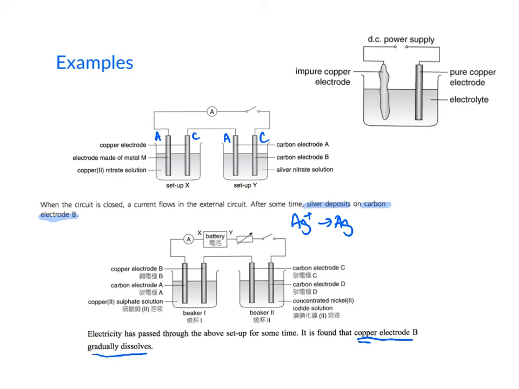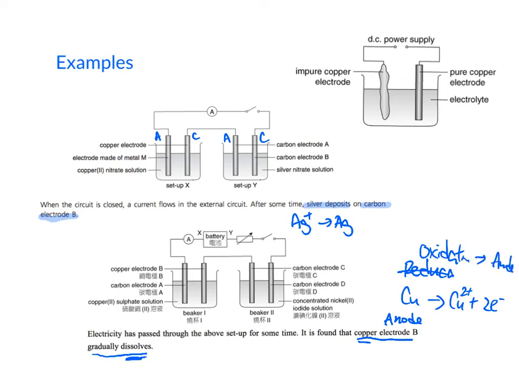Copper dissolves, and that must be anode, because Cu becomes Cu2 plus, losing electrons. Sorry, this is an oxidation. So therefore, this one must be anode. So electrode B is anode, then cathode, anode, cathode, anode, and cathode.